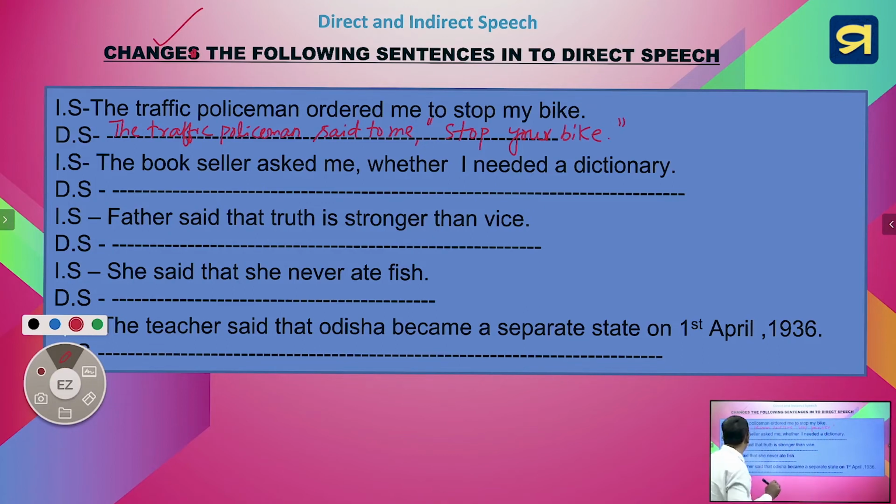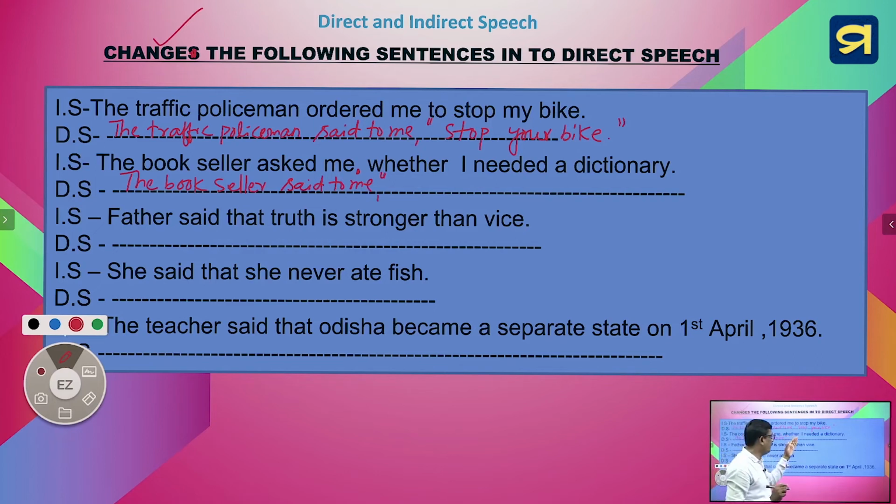Okay. Next, number 2. The bookseller asked me whether I needed a dictionary. It is indirect speech. So change from the indirect speech to direct speech. Good. The bookseller said to me, "Do you need a dictionary?" Listen to me.